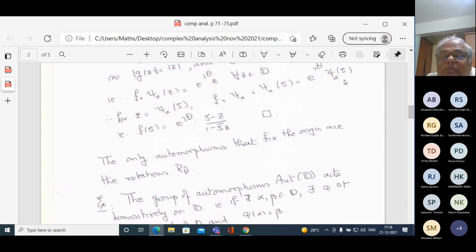I made a mistake here. What I should write here is psi alpha of zeta. So there's no z here. I should have been more careful when I'm writing this down. There's no z here, there should be an alpha.